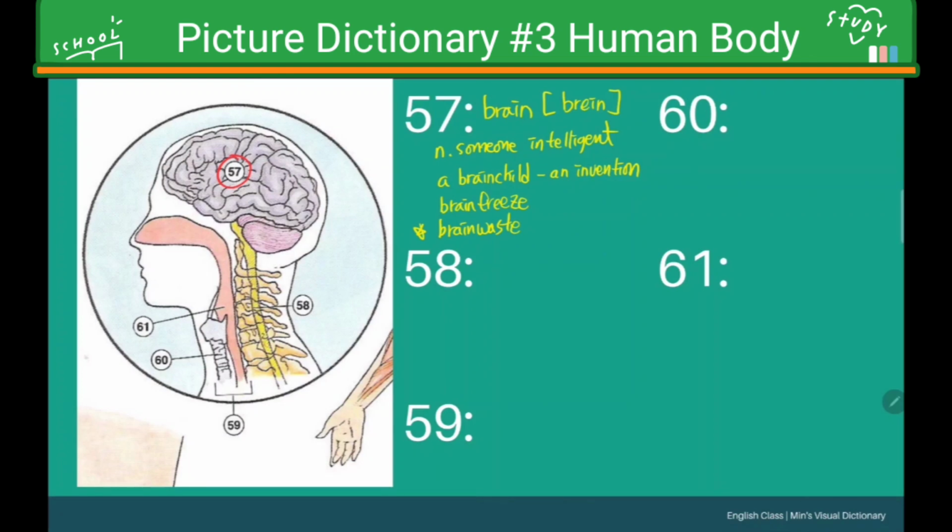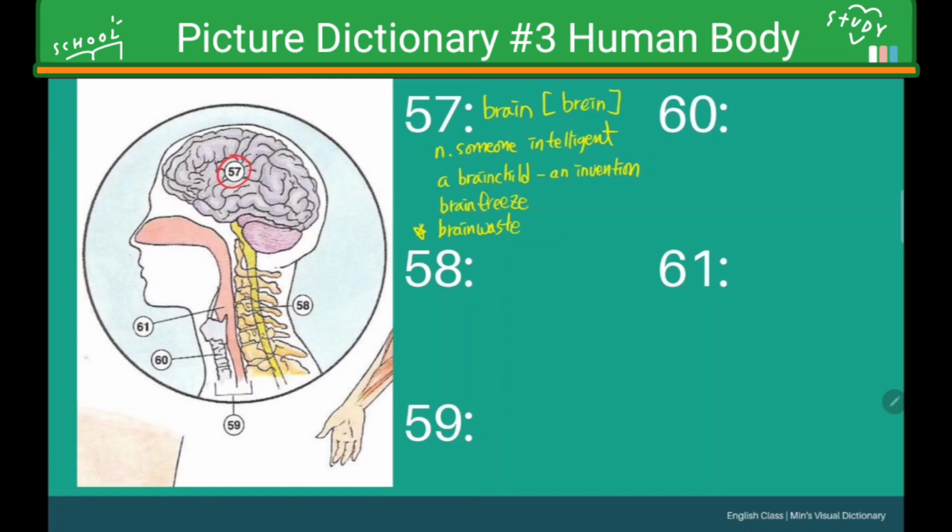For example, you are an immigrant and you moved to another country and you are hired for a job that is under your intelligence level. For example, you used to be a doctor in your own country, but then you moved to United States and then you work as a dishwasher, then you are a brain waste.